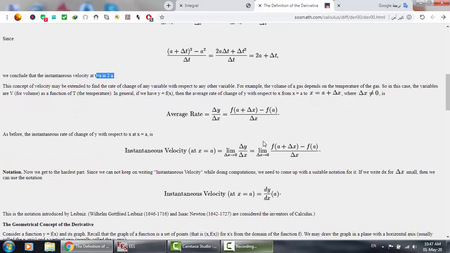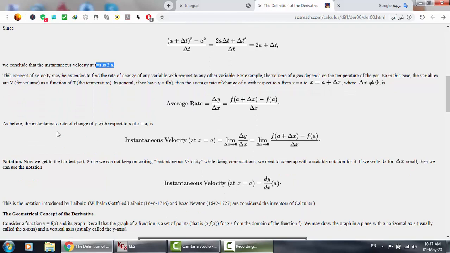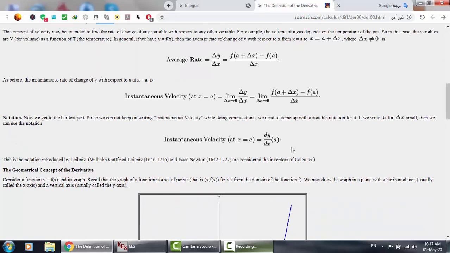and here it is the same way. As before, for the instantaneous rate of change, when I tell you instantaneous, just take the limit, but here it is not with respect to the time, it is with respect to x. So when delta x approaches 0, it is pretty small, it will be like this.